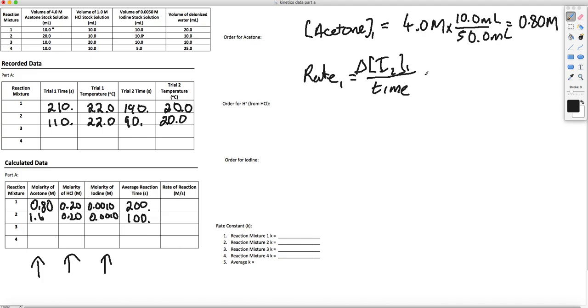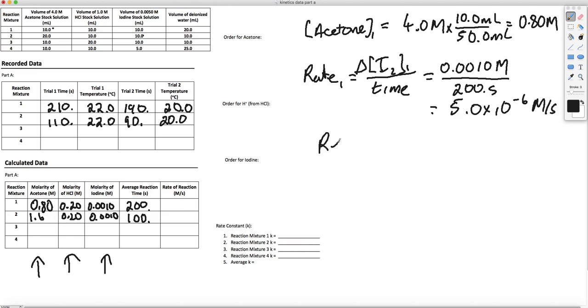That represents the change in the concentration of iodine, which is 0.0010, what it starts at, and it goes down to 0 eventually, of course. The time for the first one is going to be 200 seconds. That comes out to about 5.0 times 10 to the negative 6, and the unit on the rate is molar per second.